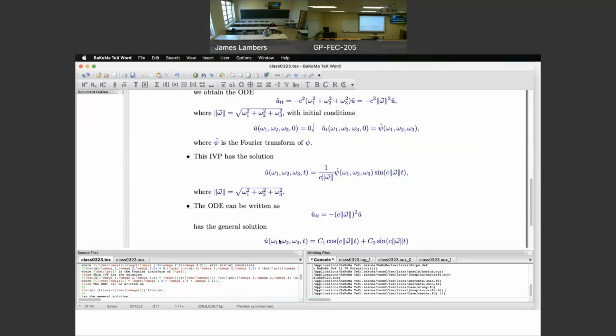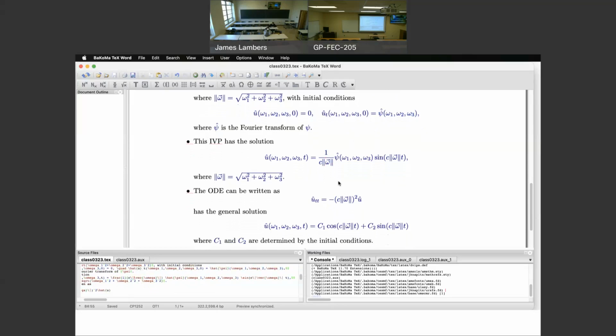On the other hand, if I take a derivative of this with respect to time, this cosine becomes a sine, which will go away when t equals 0. This sine becomes a cosine, but we're going to get a factor of c omega out front. And the result has to be equated to this initial value. That's why we end up dividing by this c omega here. Now, are there any questions about how this solution was arrived at?